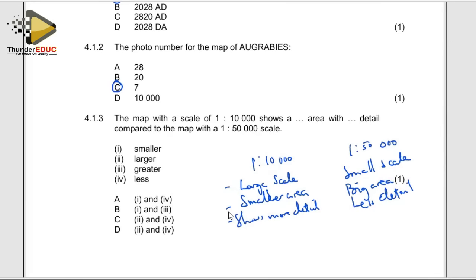Thus, the difference is between those two types of map scales. A 1 is to 50,000 versus a 1 is to 10,000. So going to our question, we are saying a 1 is to 10,000 shows a smaller area with greater detail. So item number 1 and item number 3, which is B. That is our correct response.